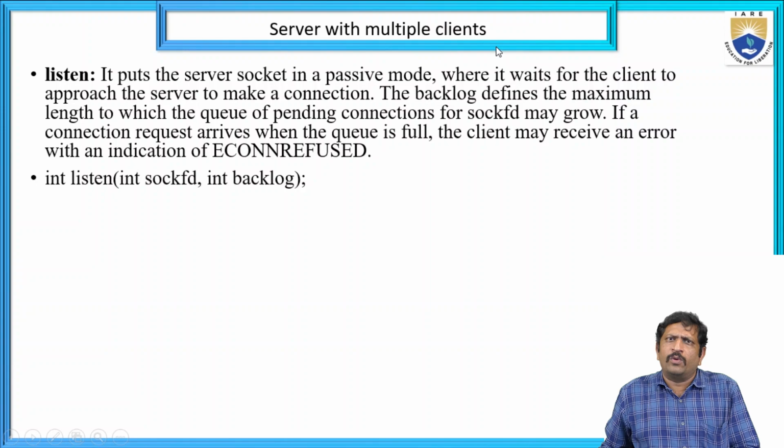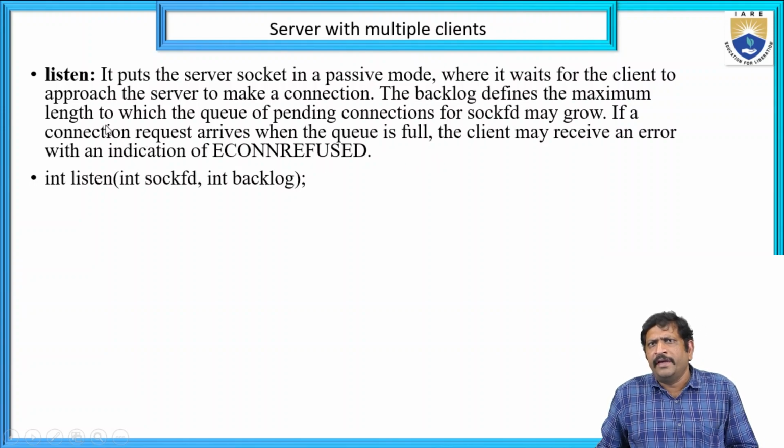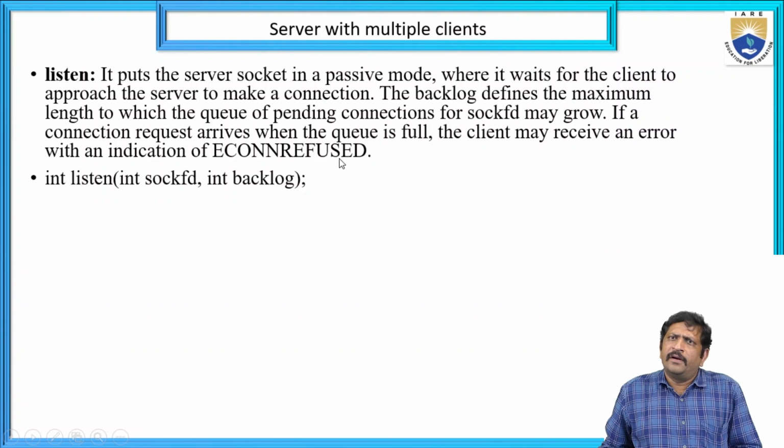If a connection request arrives at the server side when the queue is full, the client may receive an error with an indication of ECONNREFUSED. Whenever an error arises in listening at the server side, the server has refused the connection.